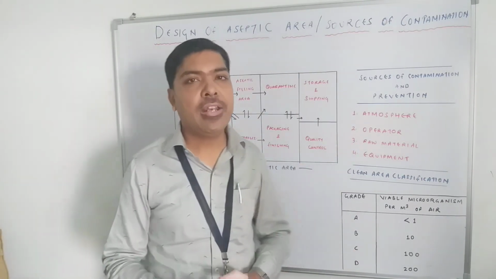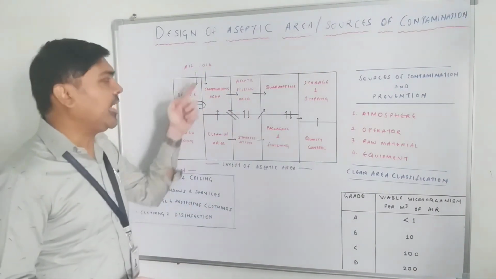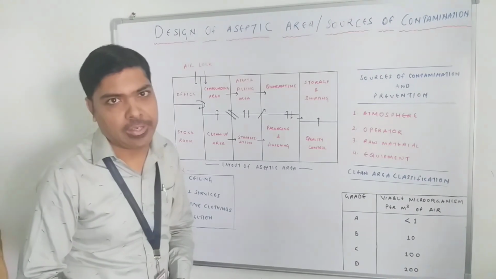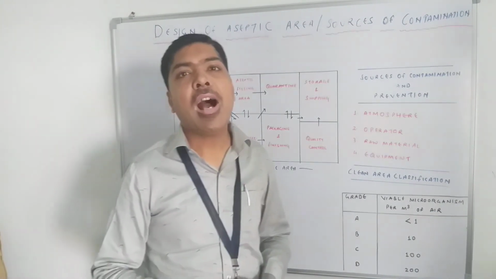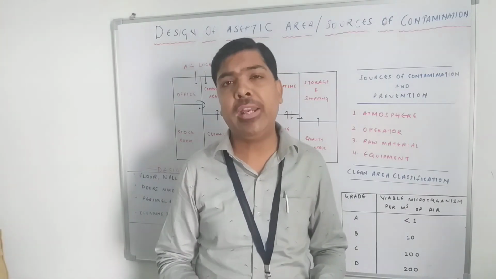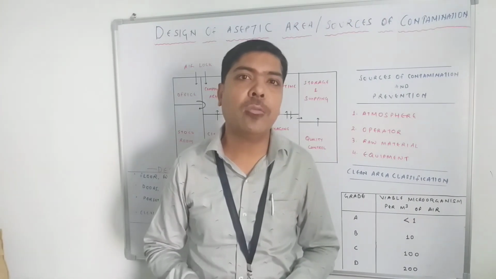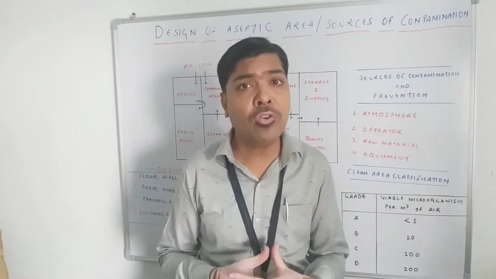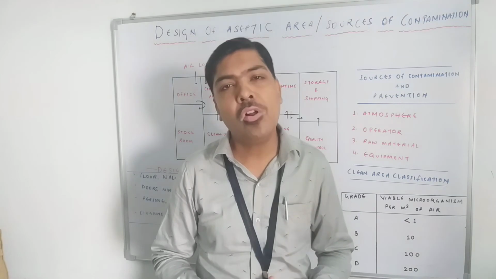Now raw material. If we are compounding any product, in the compounding area we need different raw materials. If these raw materials have a natural origin, maybe derived from a plant source or from certain animal sources, then definitely these products are very prone to contamination by microorganisms.